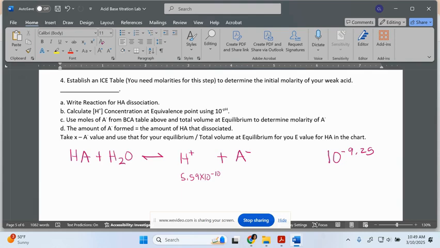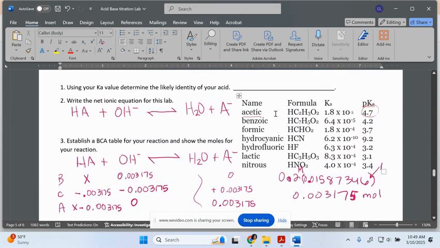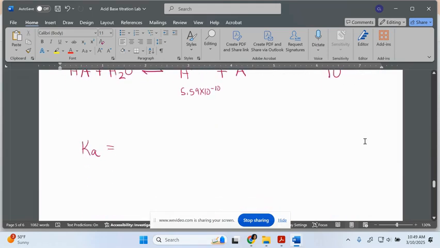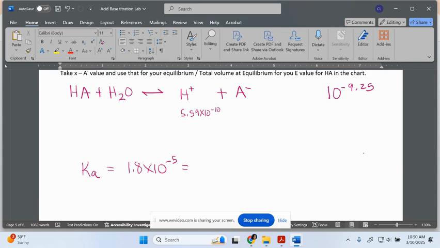I then need to figure out for this guy what it is. So what I'm essentially doing here, I'm not even going to bother with an ice table necessarily. I'm just going to do the Ka expression, okay? So my Ka is going to equal this, the 1.8 times 10 to the negative 5, which equals this guy times this guy divided by that guy.